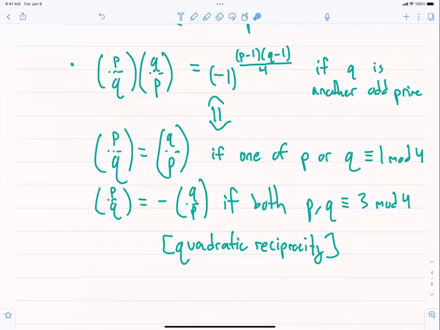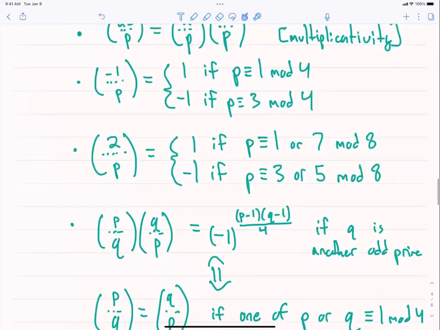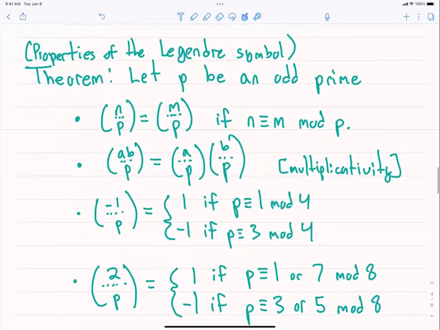So if P was a square mod Q, then Q was not a square mod P, and vice versa. And in fact, the point of this theorem is to encode in a useful way the fact that all of those properties really hold. All those things we observed, you can really establish and prove that those are actual consistent properties that hold.